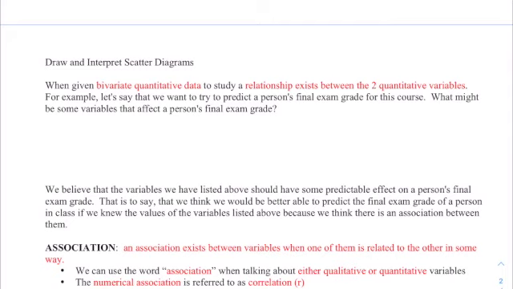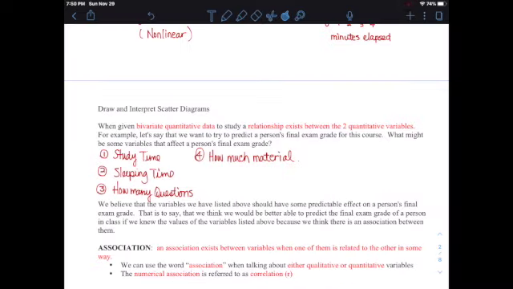Yours might not be the same as mine, and that's okay. Those are some of the variables I have that might affect a person's final exam grade: how much time you studied, study time, how much you slept, how many questions, how much material was covered.